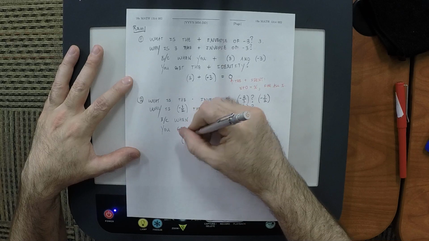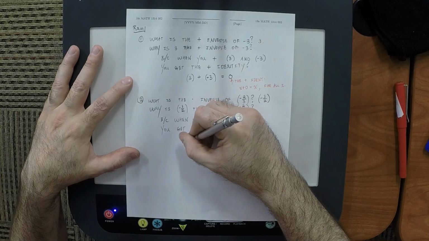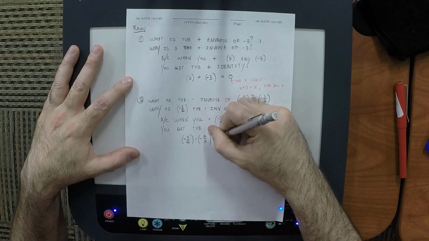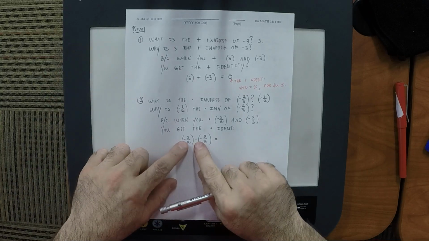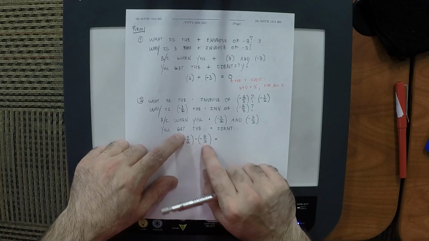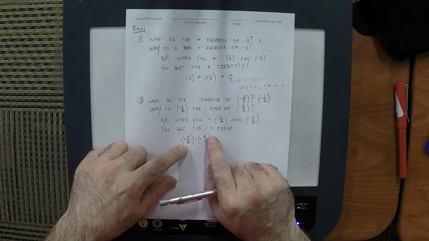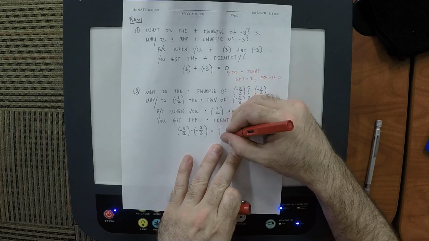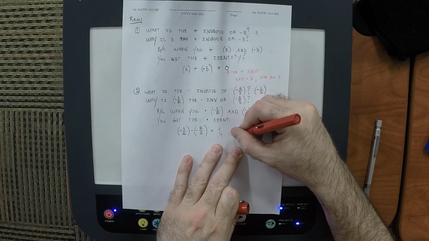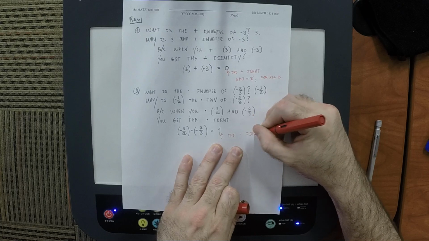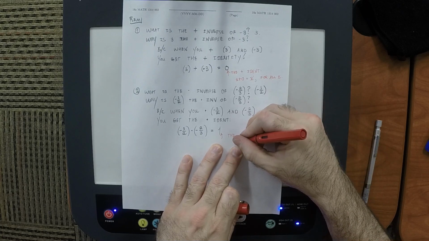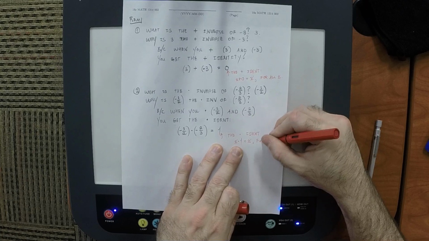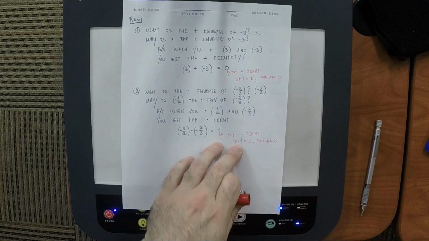Specifically, -3/2 multiplied by -2/3 is, well, the negatives will cancel, the 3's will cancel, the 2's will cancel, and you're left with 1. And the reason why 1 is important is because this is the multiplicative identity. It is the multiplicative identity because x multiplied by 1 is x for all x.